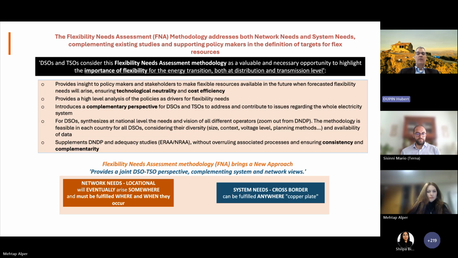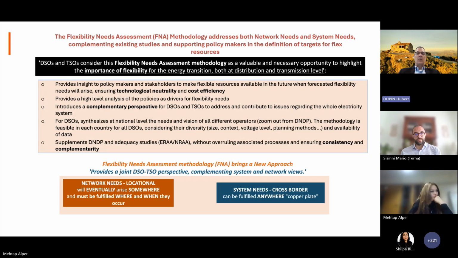This methodology also supplements many system studies that are also performed by TSOs on adequacy, the European Resource Adequacy Assessment, the National Resource Adequacy Assessments. And yes, this methodology should not replace those results, but supplement those results. So there is an issue of complementarity and also consistency. Of course, we took a lot of importance in ensuring that these data and analysis are consistent in terms of scenarios and data. Consistency was really key to our goal.